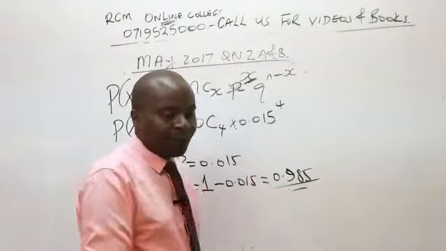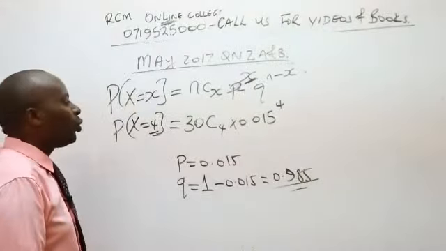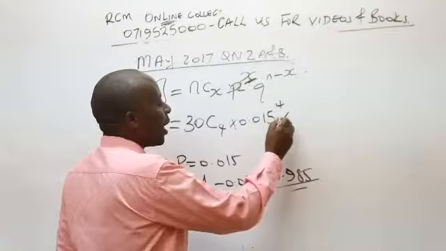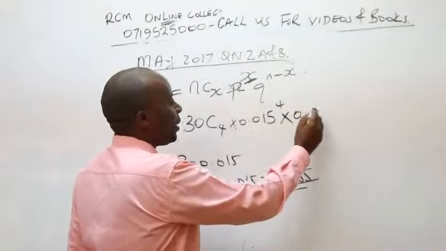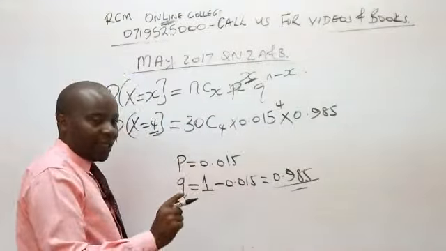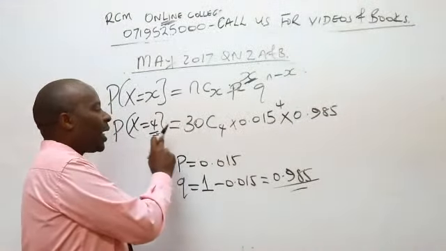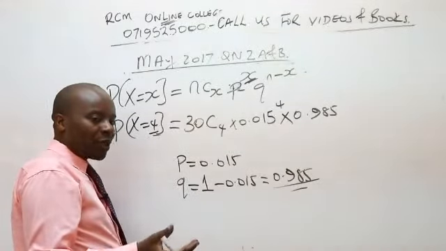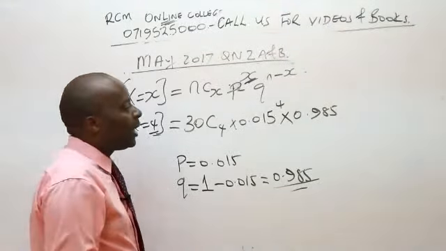So now, ladies and gentlemen, the moment I've got those 2 parameters, I know that my q is 0.985 raised to n minus x. Now listen, n is 30, x is 4. When you subtract the 2, you should get 26.